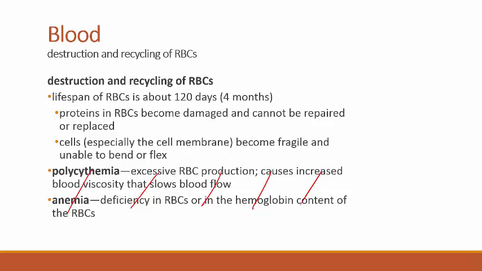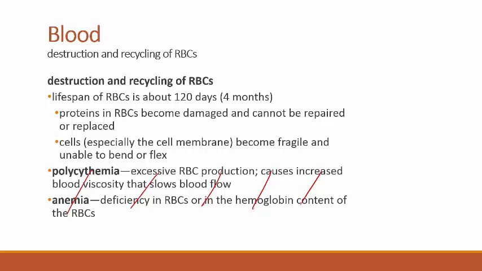And the hemoglobin gets broken down into the 4 protein chains, the globin chains, and its associated heme group. That heme is further broken down into the iron that's contained in it, and this cool greenish pigment called biliverdin. And the iron is transported back to the bone marrow using a transport protein called transferrin.